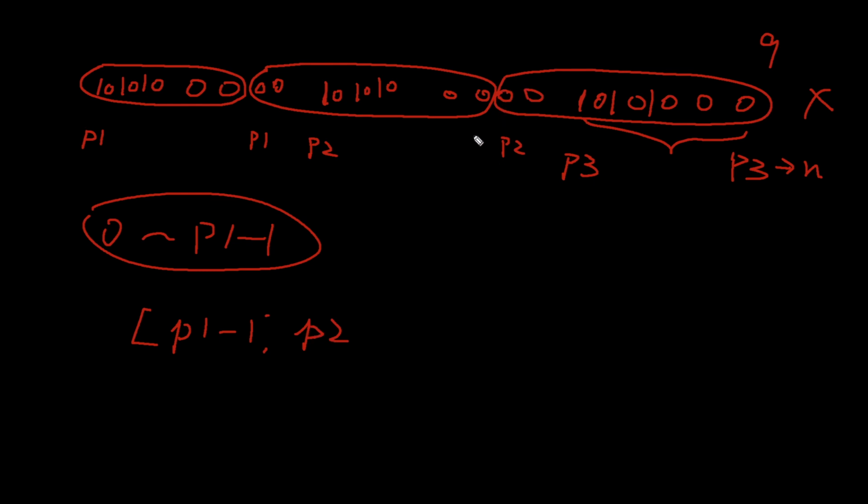Because the definition of the second index is from p1 to p2 minus 1. That's exactly what we need here. And the last part is p2 to n. That's why we just need to return p1 minus 1 and p2, right? So I think that's the basic idea here.